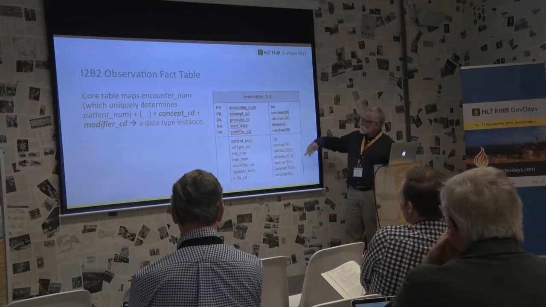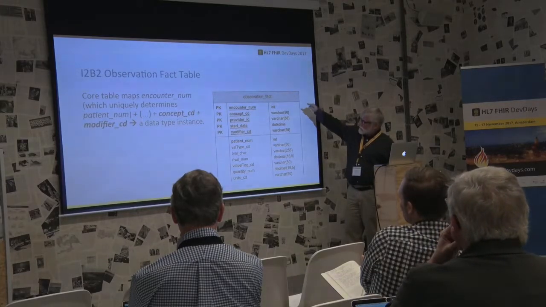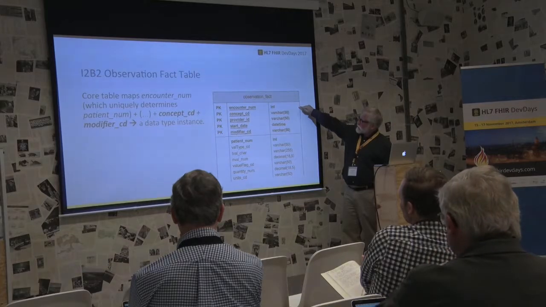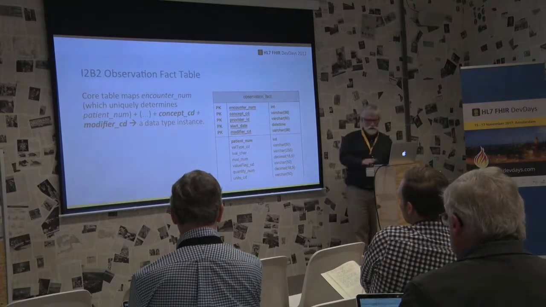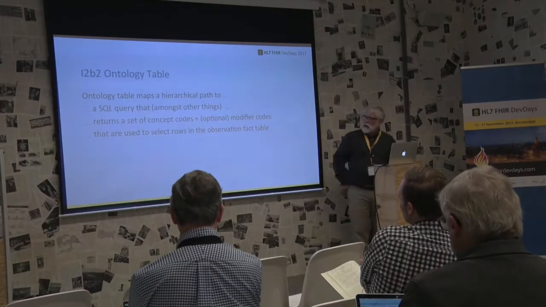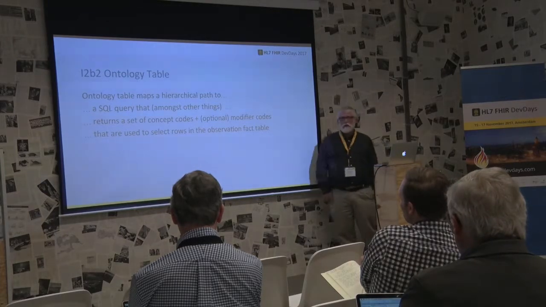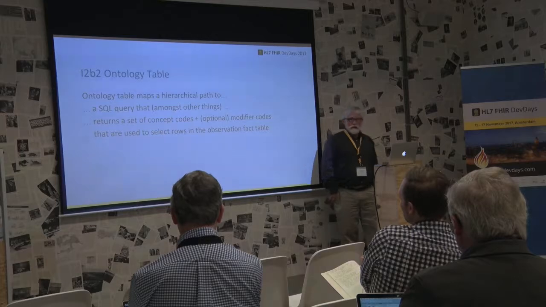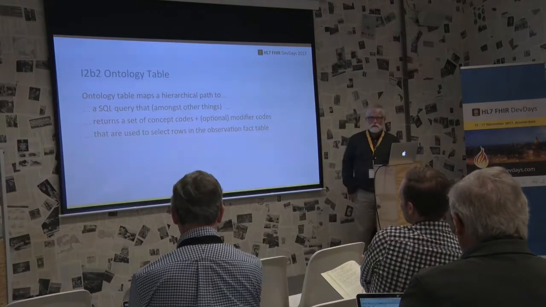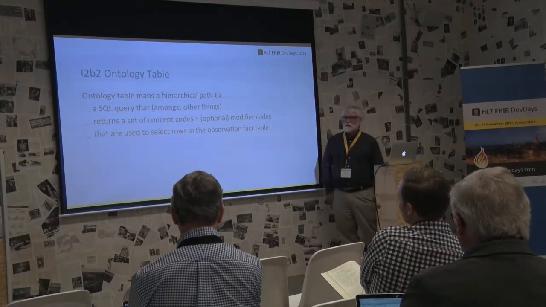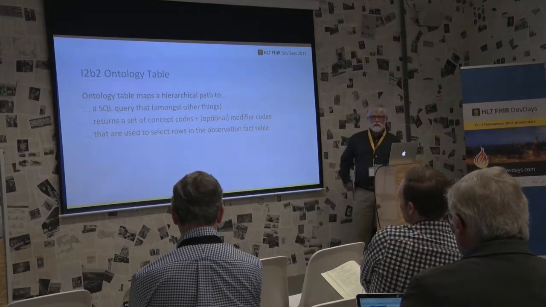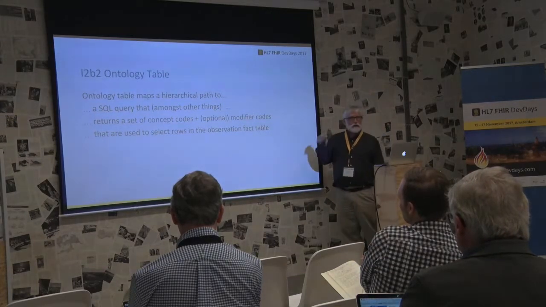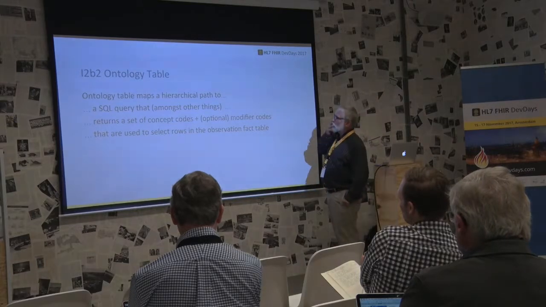So the general idea is, given something that identifies a patient encounter, in either one or two concept codes, get some data out of it. And then the way they deal with it is they have an ontology table. And this gives the researcher a list of all sorts of things they can select from and drag over to a little query building tool with ands and ors and what have you.